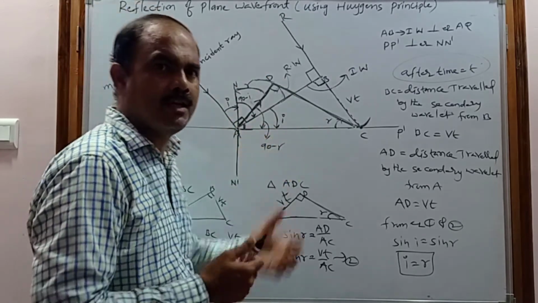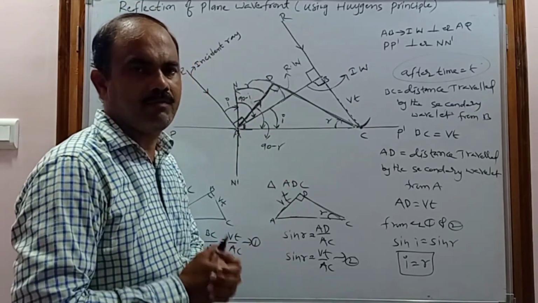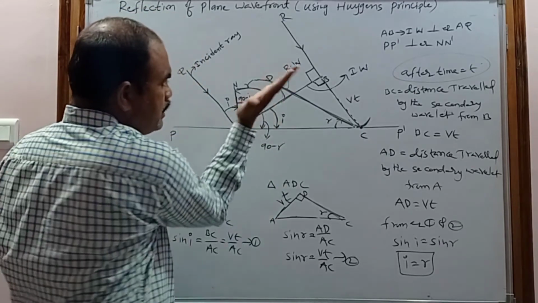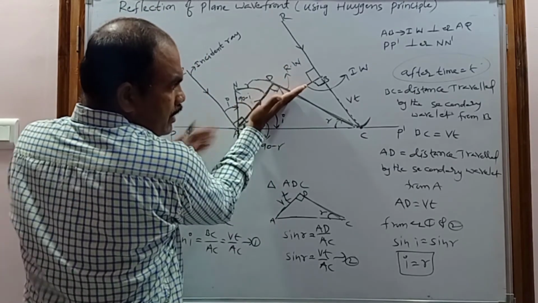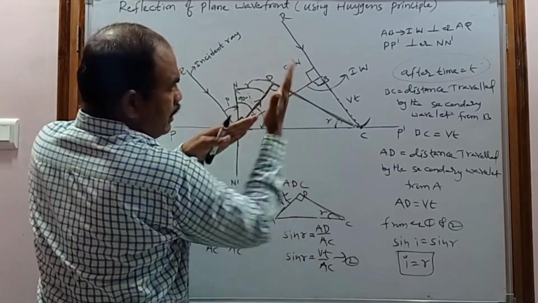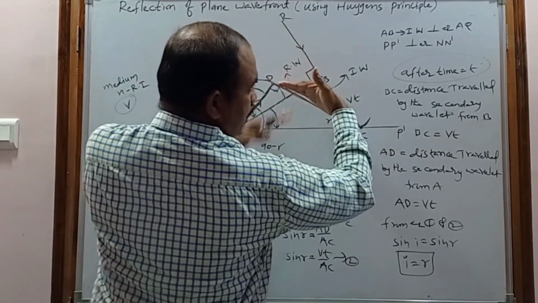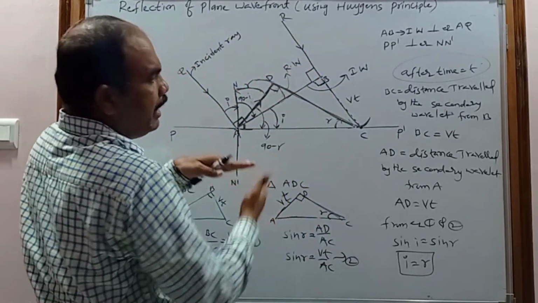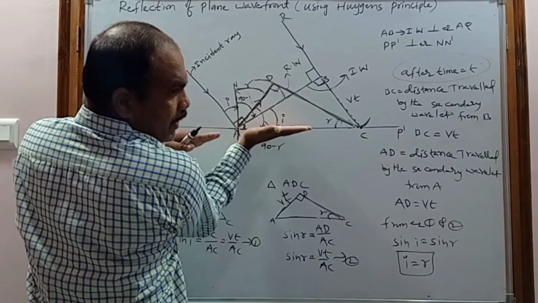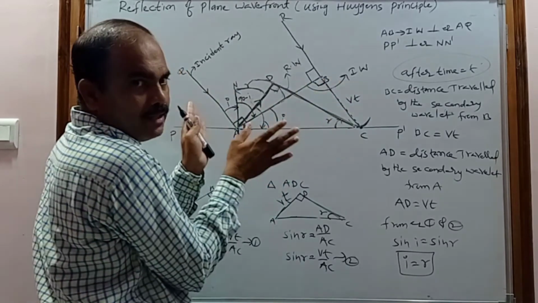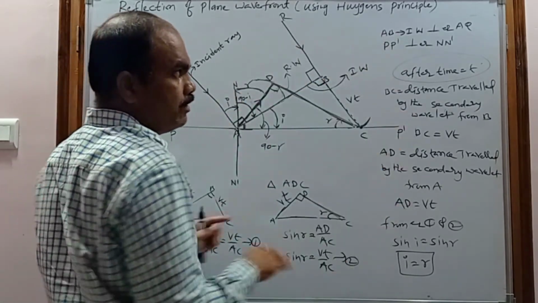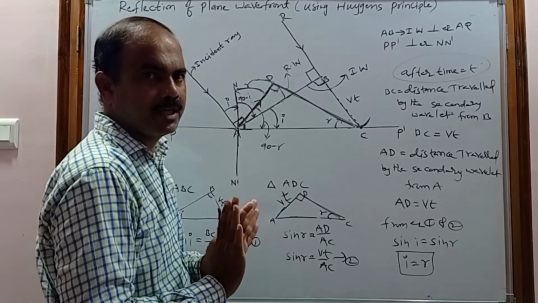That's why they also obey the second law of reflection. What is the second law of reflection? The incident wavefront is perpendicular to the board plane, the reflected wavefront is also perpendicular to the board plane, and the surface is also perpendicular to the board plane. That's why all lie in the same plane, perpendicular to the board plane. That is the second law of reflection.